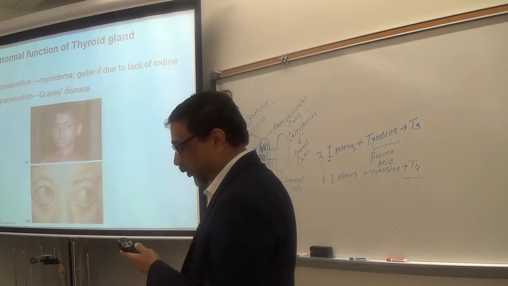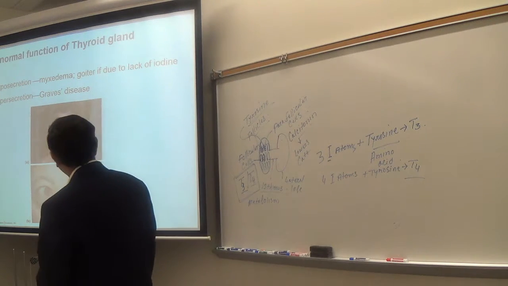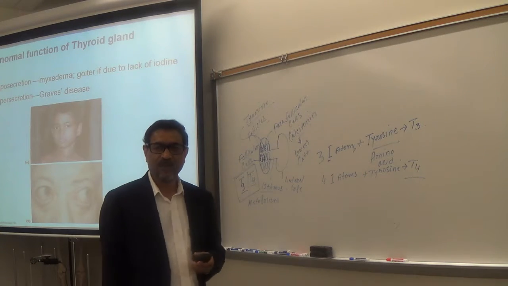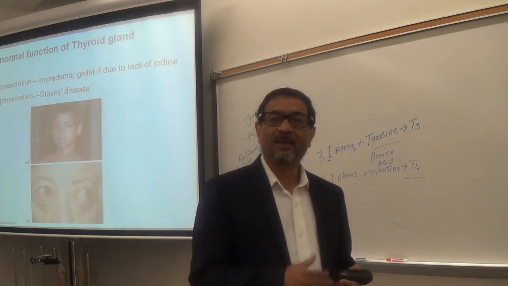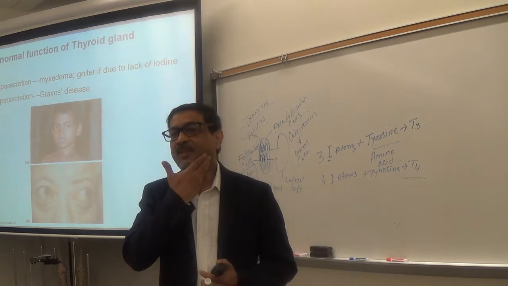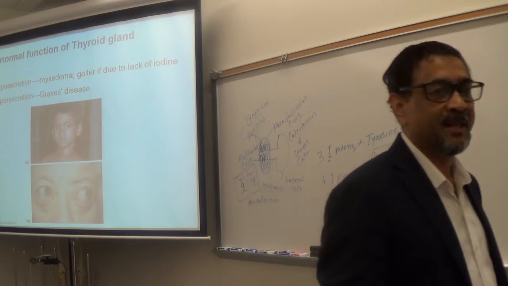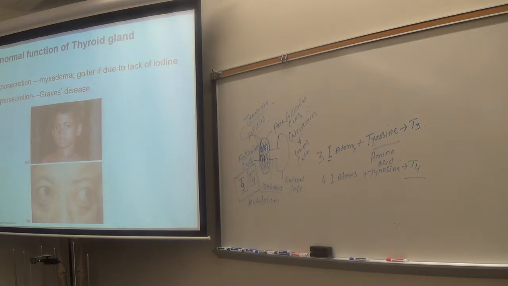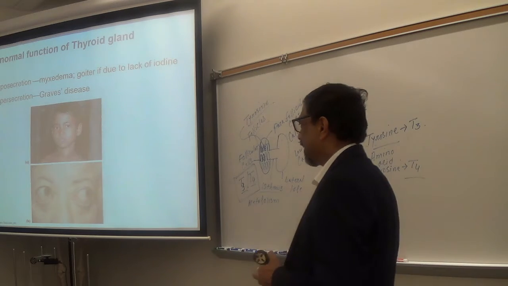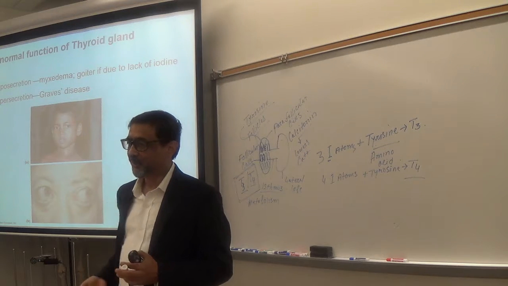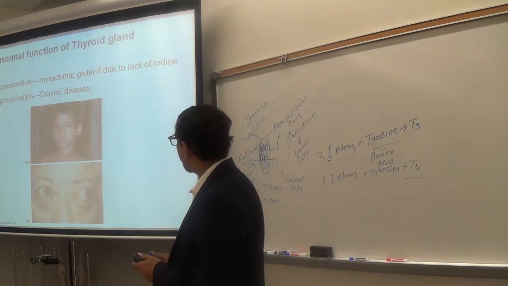Hyposecretion or hypothyroidism can lead to myxedema and goiter. Myxedema is a clinical condition in which we see the person's face is edematous. That means edema, or fluid in the face, a puffy face. So that's why it is called myxedema.